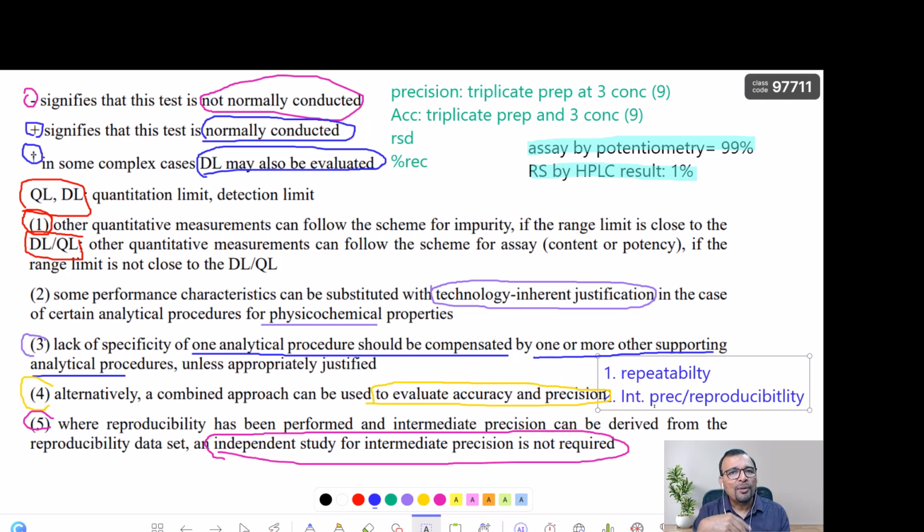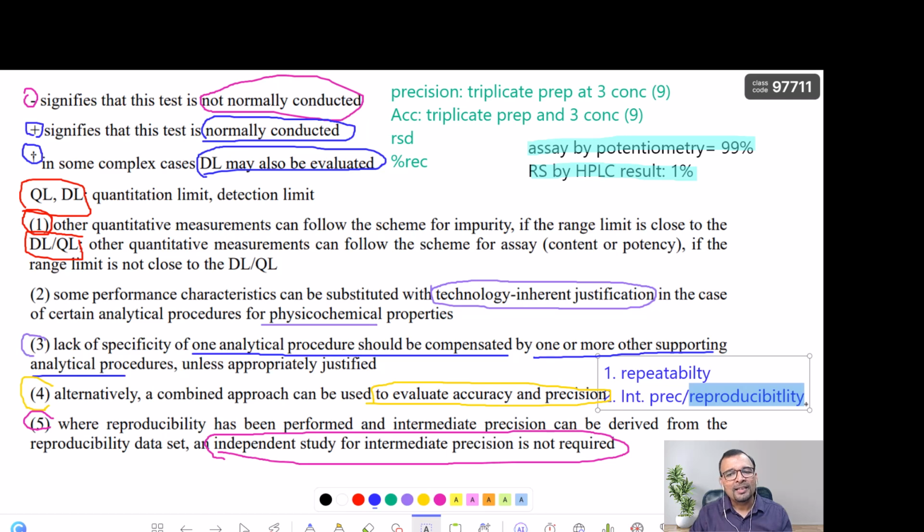So if I perform the repeatability by 6 measurements, and Vikas also performs the repeatability but in another lab, now in the Bangalore location, that actually becomes the reproducibility, provided the sample used for conducting the activity is one and the same. So whatever paracetamol tablet batch I am going to use, the same batch must be used by Vikas also at the Bangalore quality control lab. So this becomes the reproducibility.